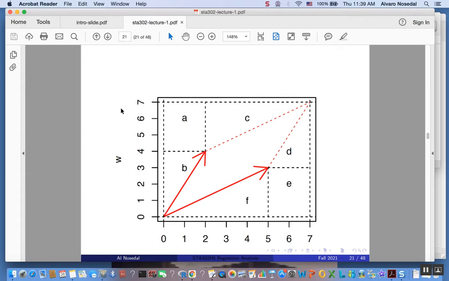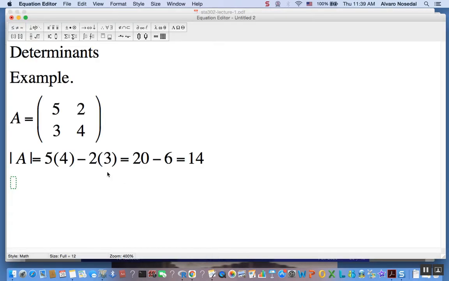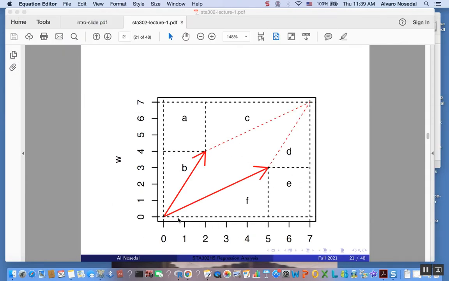But first, let me just underline the way we're thinking about these arrows. If we go back to the way we defined our matrix A, first column vector 5, 3, second one 2, 4. We're thinking about those as column vectors.